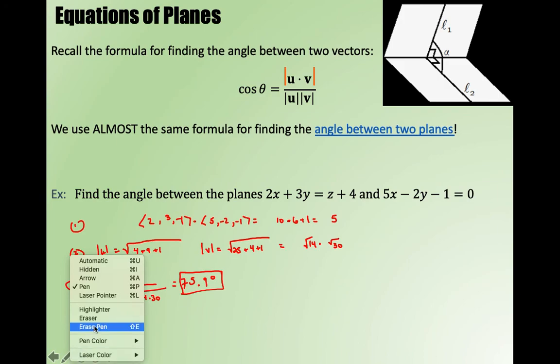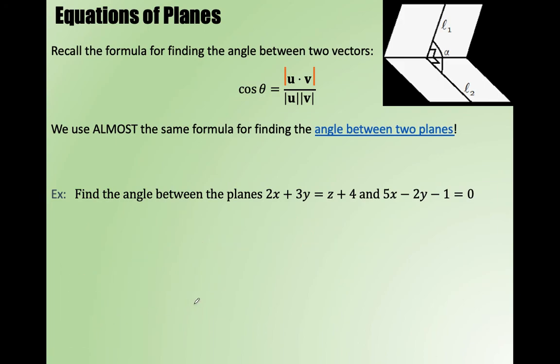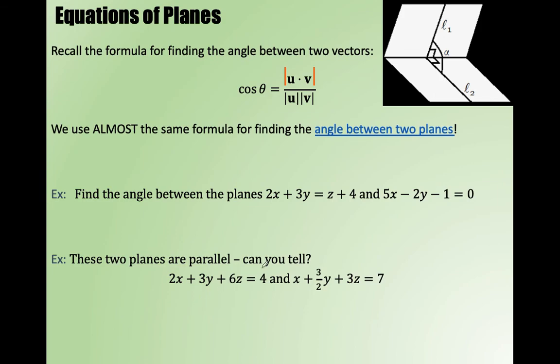I'm going to go ahead and erase this. These two planes are parallel. Question, can you tell? Well, what do you think it means for planes to be parallel? Think about these two planes up here to be parallel.